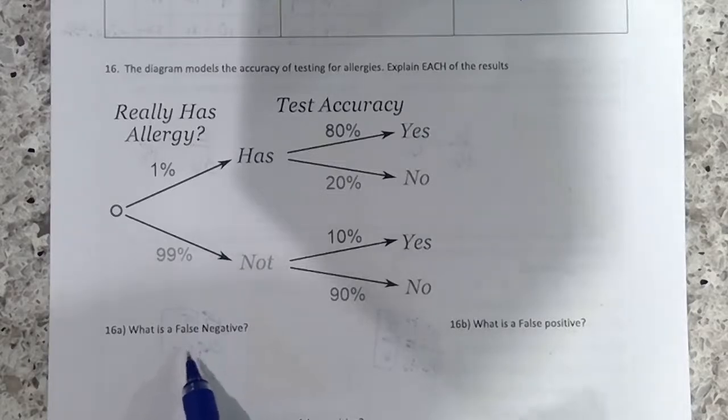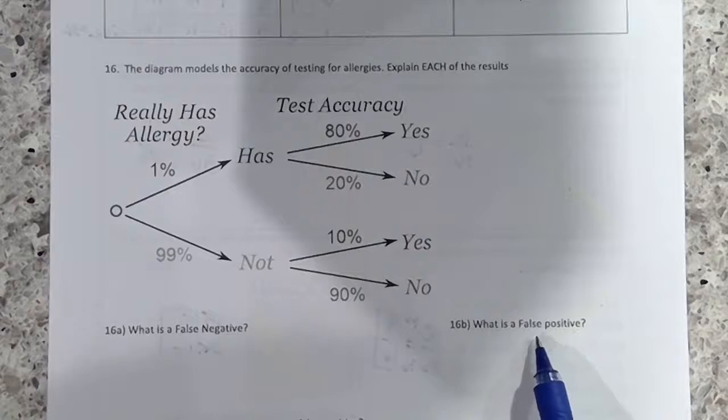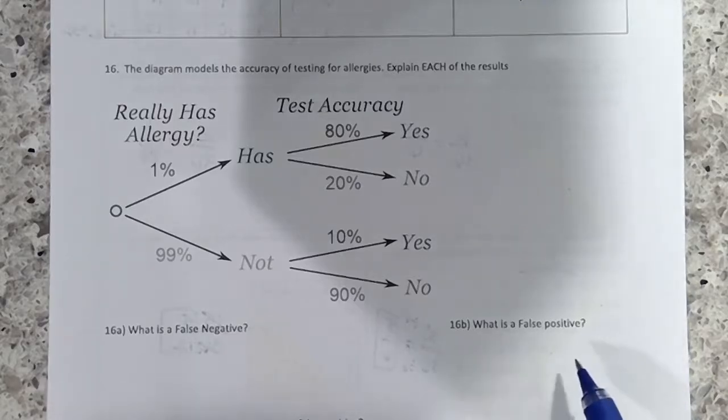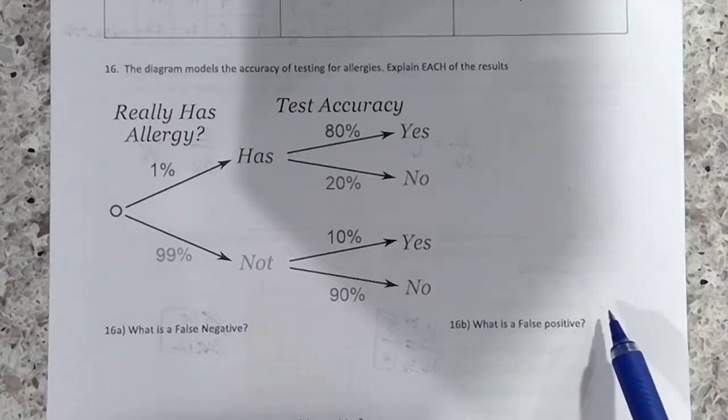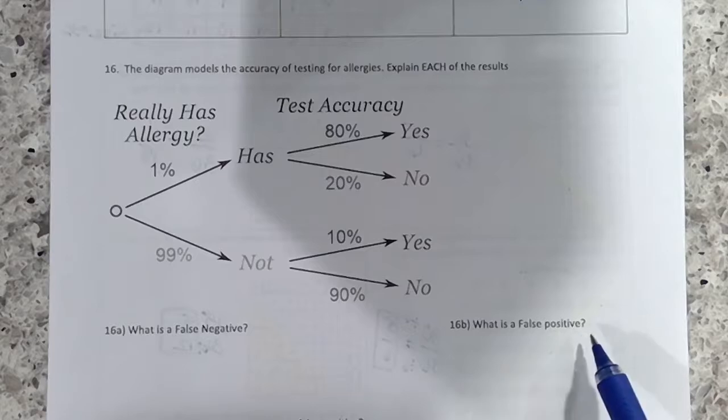You actually should be positive. What's a false positive? You would write this down, or explain it in your own words better. A false positive is that it gives you a positive test, but the result is positive, but it should really be negative.